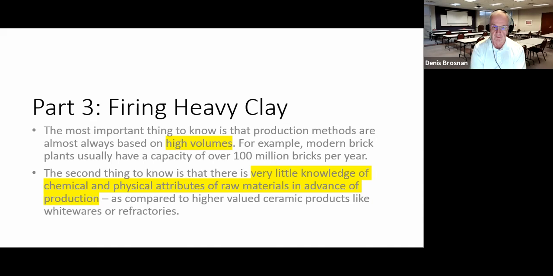And unlike many of the industries I've worked in, where you understood chemistry and particle size very well for the product going into the kiln, you typically don't do that with bricks. You have intuition that tells you what it should be. You know a little bit about the raw material. There's some pre-firing testing going on.